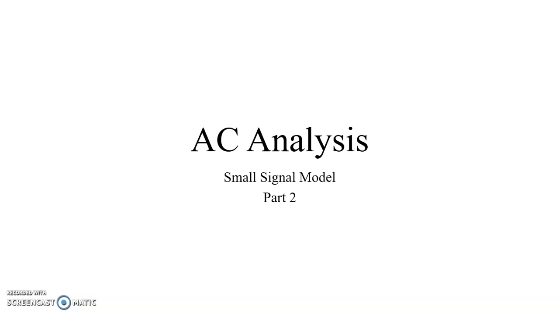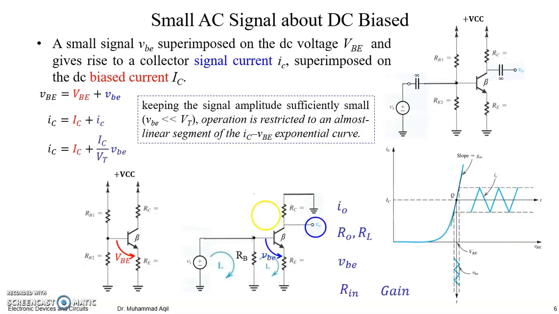We will continue the modeling of BJT for small AC signals. We have already biased the transistor in our desired mode for a specific configuration.